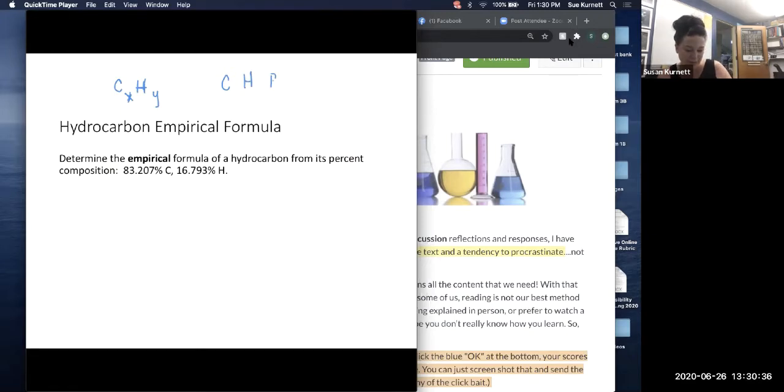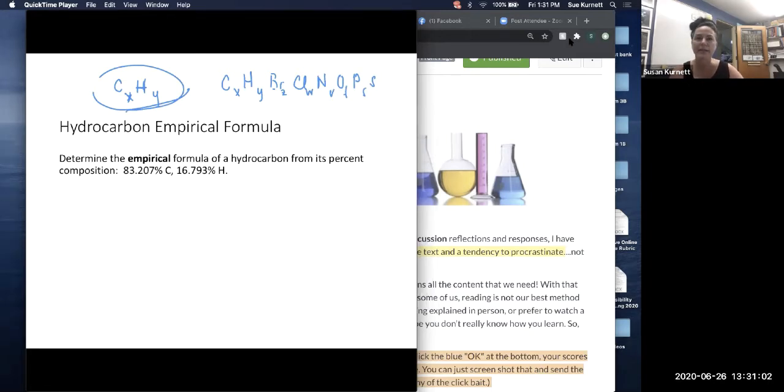So other nonmetals, bromine, chlorine, nitrogen, oxygen, phosphorus, sulfur, whatever you can think of, X, Y, Z, W, R, T, I don't know, S. So for things that contain carbon, we always put carbon first and hydrogen second, and then the rest of the elements come after that.